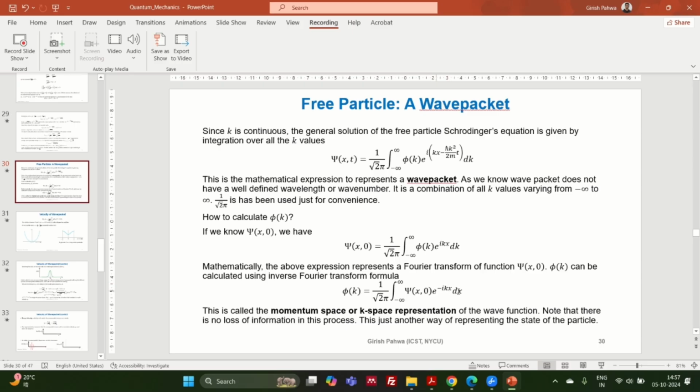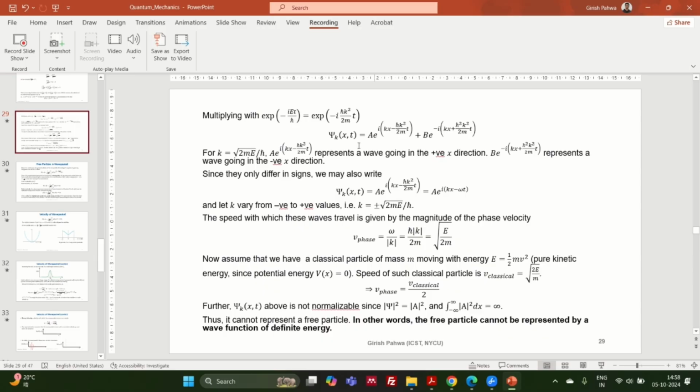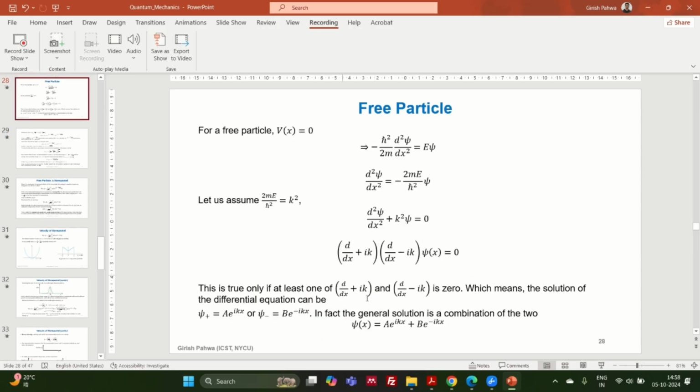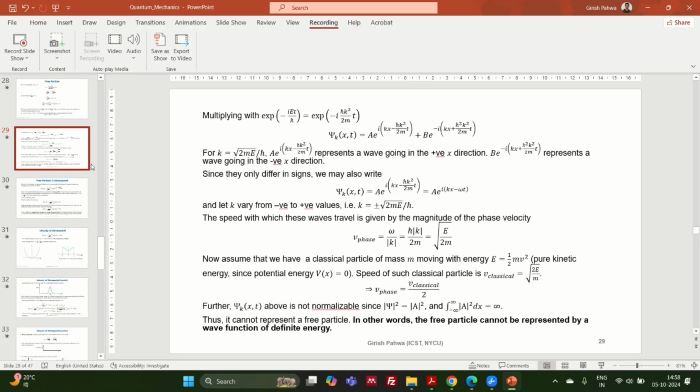Now, what was the eigenfunction in this problem? The eigenfunctions of the time independent Schrödinger equation were a e to the power iota kx and b e to the power minus iota kx, and combined it's a e to the power iota (kx minus omega t). If I am only interested in the time independent part, it will be e to the power iota kx. Forget about this constant, we don't need to worry about it. So the eigenfunctions were e to the power iota kx, and I took the conjugate of that.